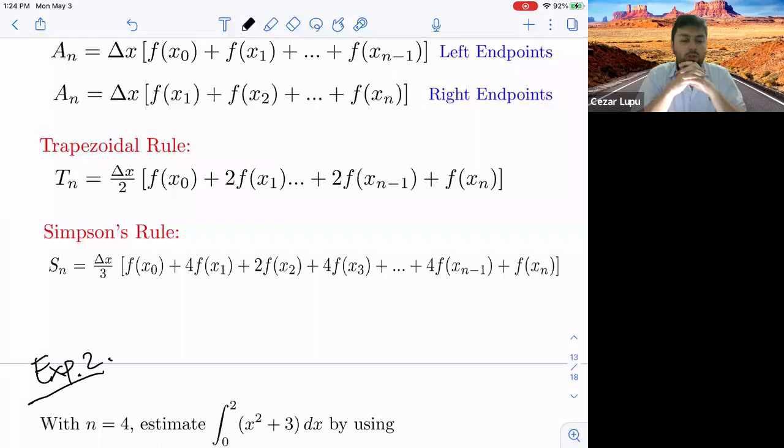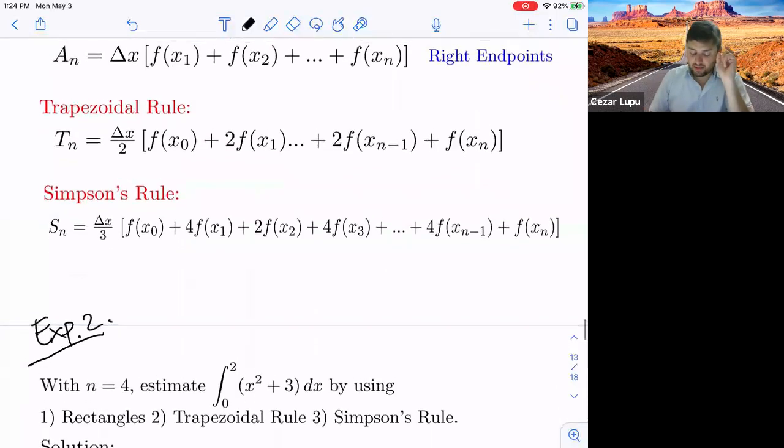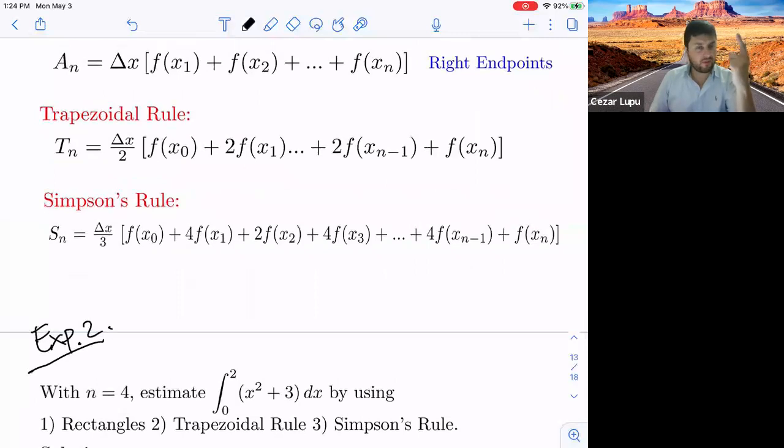And then I would like to estimate this integral from 0 to 2 of x squared plus 3. But first, we would like to estimate this by rectangles. We'd like to see what happens there. Then I want to estimate this by trapezoids. And then third, by Simpson's rule.